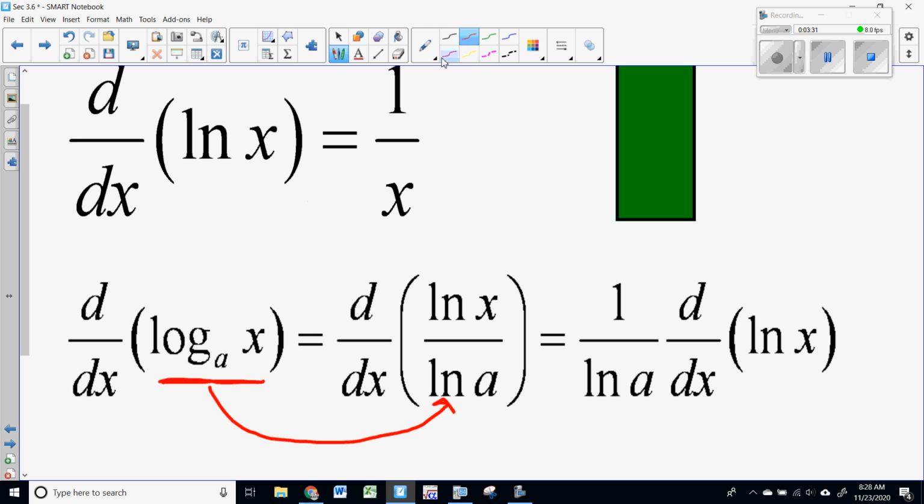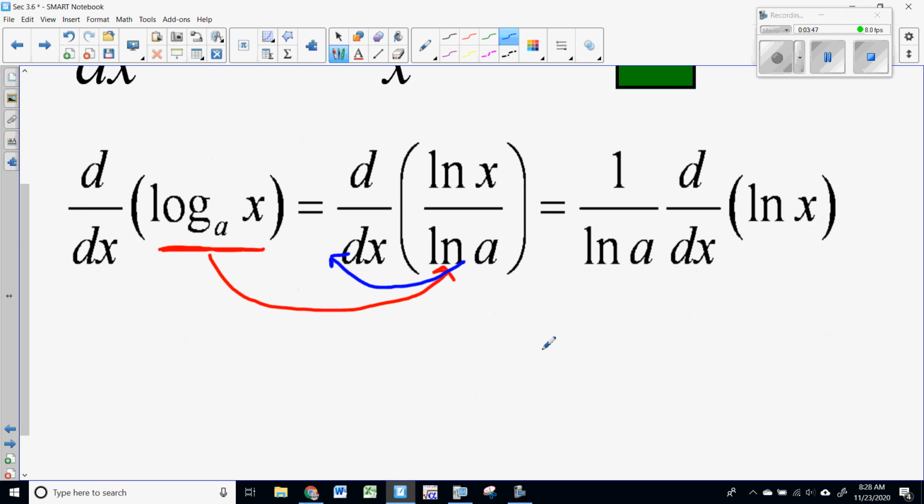Now, once we have it written in that form, we're taking the derivative with respect to x. Because the natural log of a is a constant, we can move it out in front. So we can rewrite this as 1 over the natural log of a times the derivative of natural log, which is 1 over x.